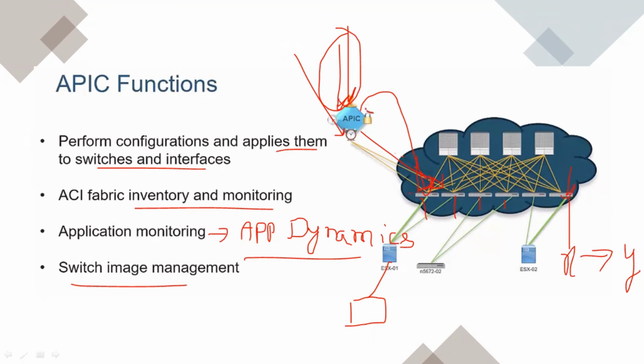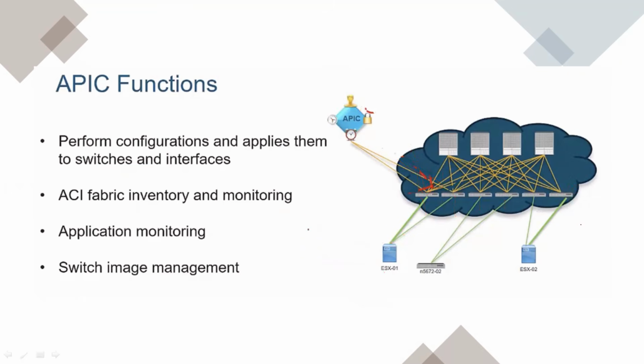The other thing is you don't need to upload the image to each switch. Let's suppose you want to upgrade an image from X to Y. In the earlier version, you loaded the Y image on this switch's boot flash, on this switch's boot flash, and on all those switches.